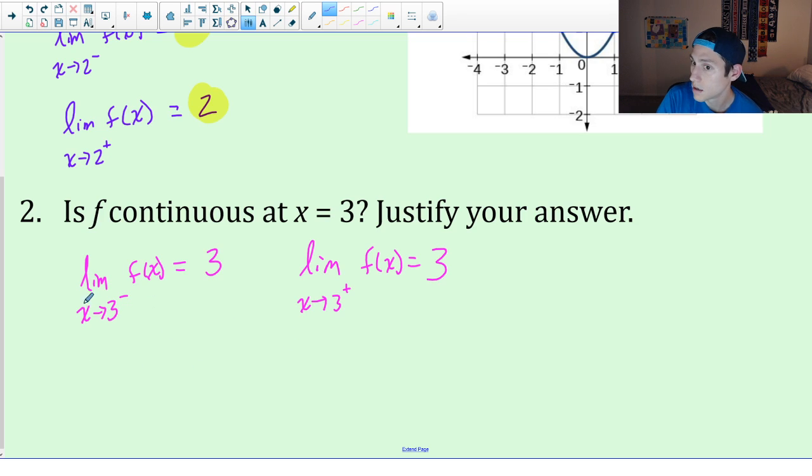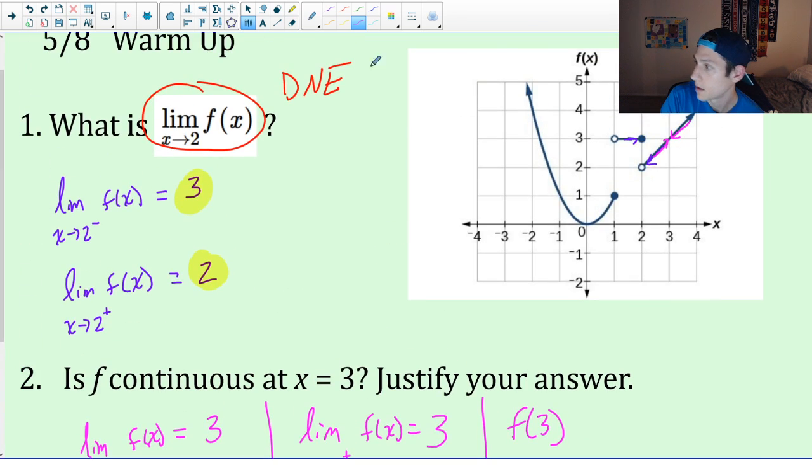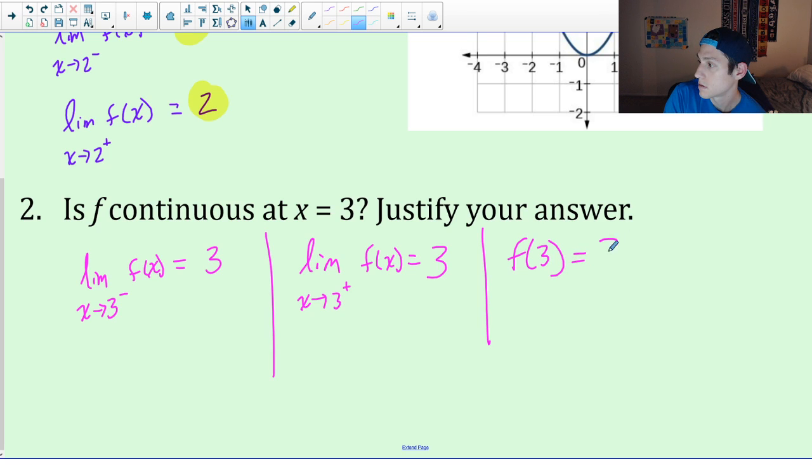But then we need to actually find the value of the function as well. So f of 3. So f of 3 is actually this point, which is 3, 3. So since all of these, we get the same value, then we can say yes.